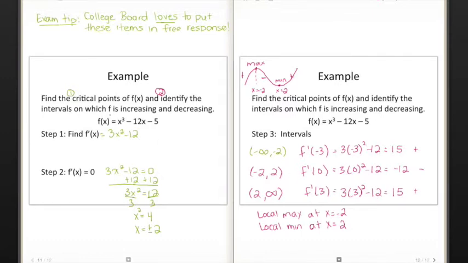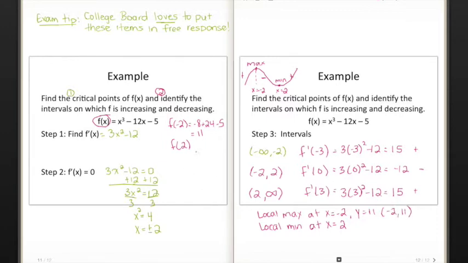In order to find that, we can go back to our original function f of x equals x cubed minus 12x minus 5 and plug these x values in. So we want to find f of negative 2 and f of 2. F of negative 2 will give us, let's see here, that will be 11.